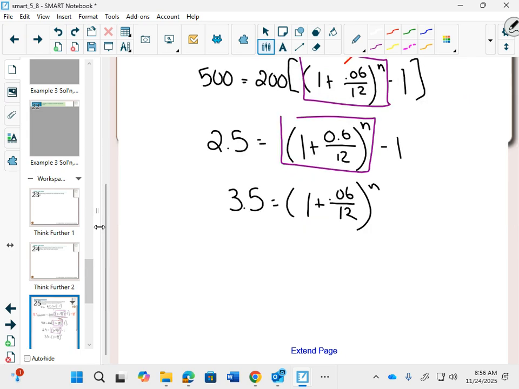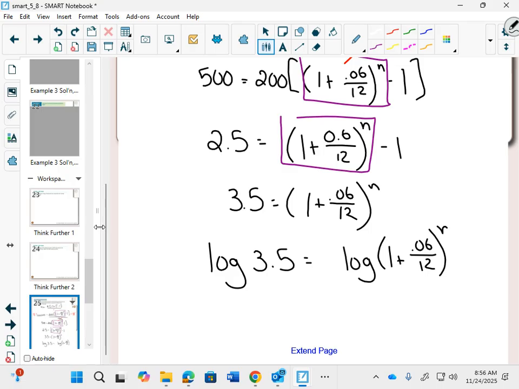And then we can use our log laws, which allows us to bring that n out in front.